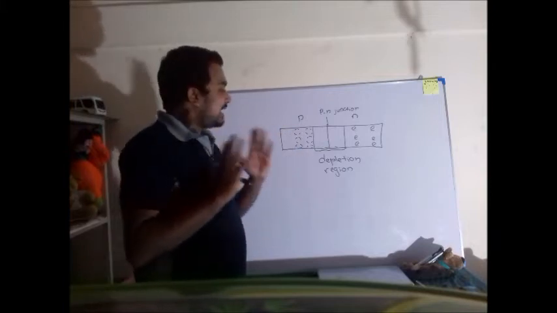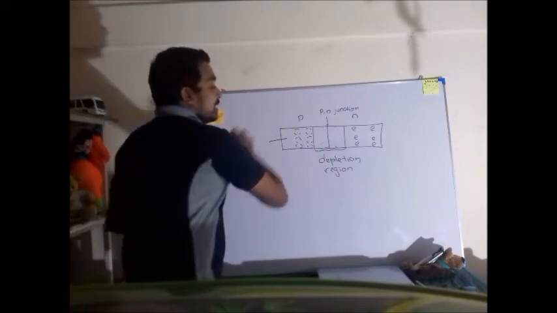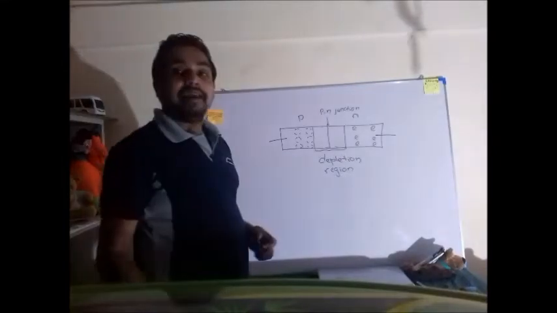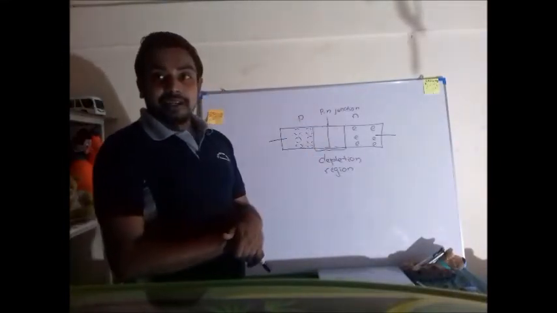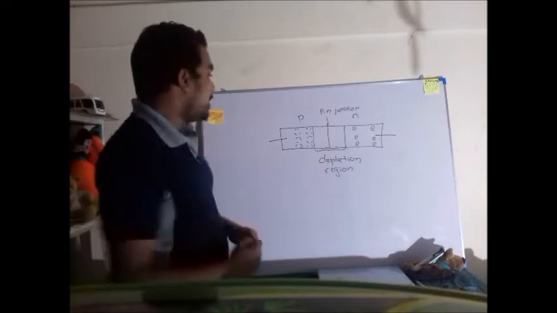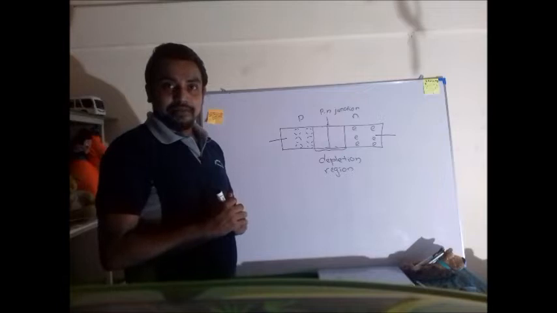Then the next stage, if we connect two conductor wires to these p and n type semiconductors, we become able to provide an electric current into this structure.